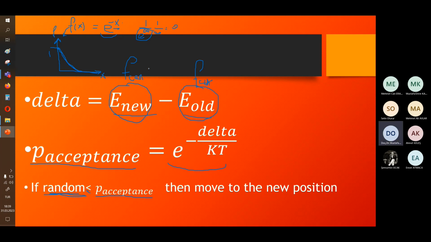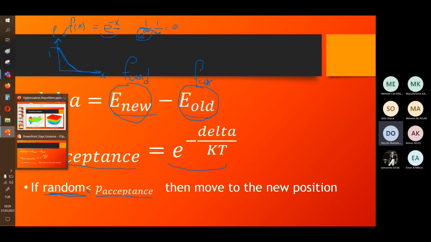F candidate means fitness value, even though we call it energy because it's simulated annealing. In annealing procedures, we are talking about the energy level of atoms. Therefore, to make a similarity, we call it energy level. Actually, we are talking about fitness value.